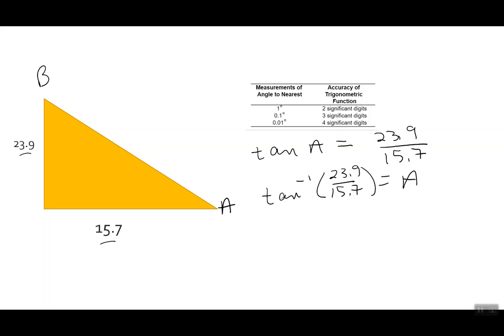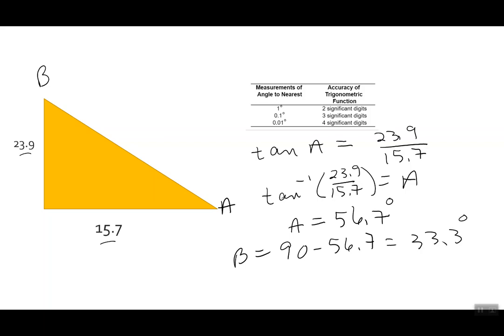So I'm putting in tan inverse of 23.9 divided by 15.7, which says A is 56.7 degrees. Okay. Once I know A, B is pretty easy. I do 90 minus 56.7, which is 33.3 degrees.